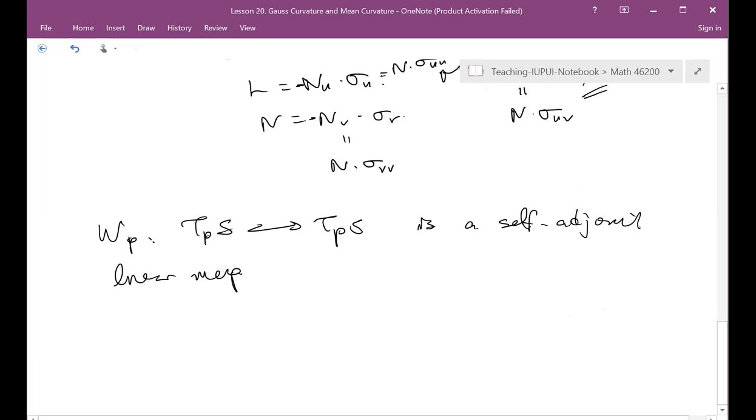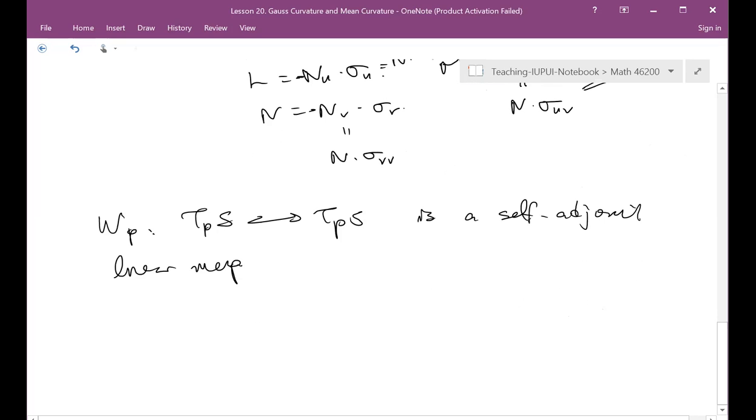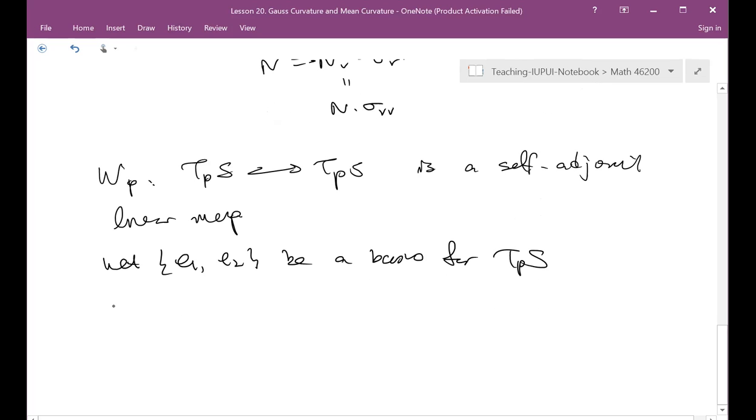So for an arbitrary basis in linear algebra, you can talk about the determinant of the map and the trace of the map. Okay, so you let E1, E2 be a basis for this plane, the two-dimensional plane.